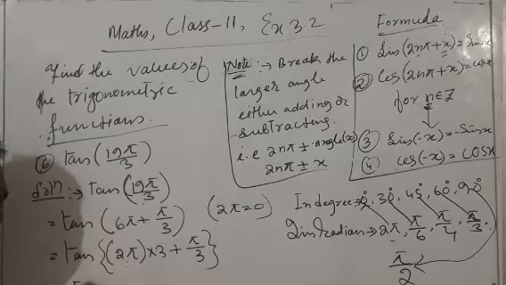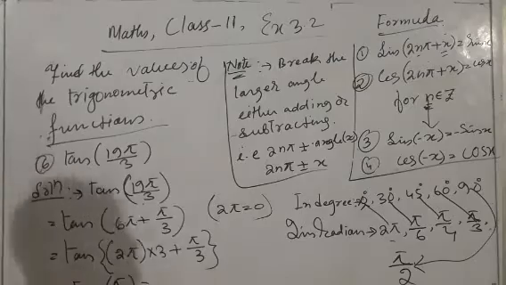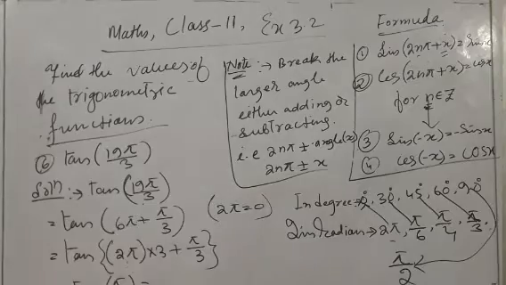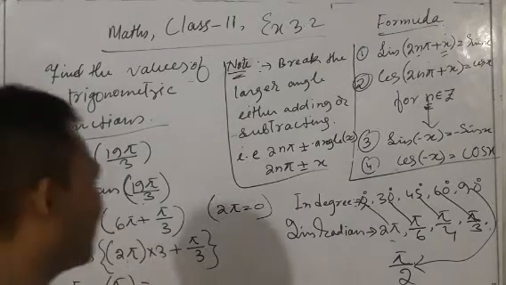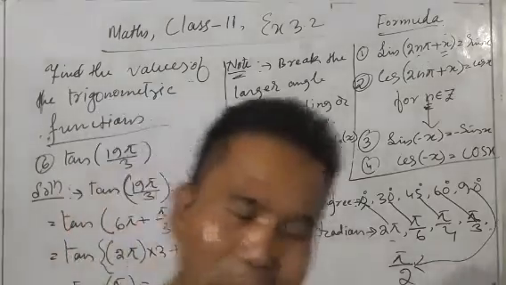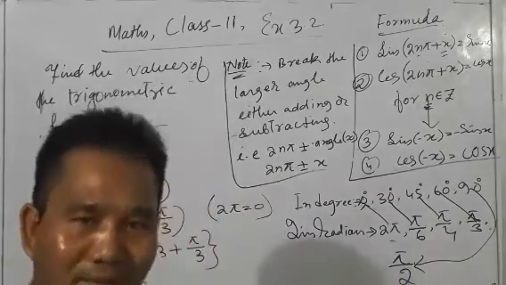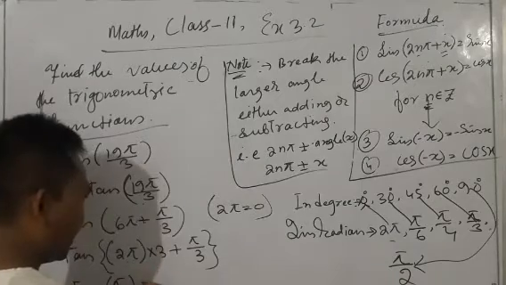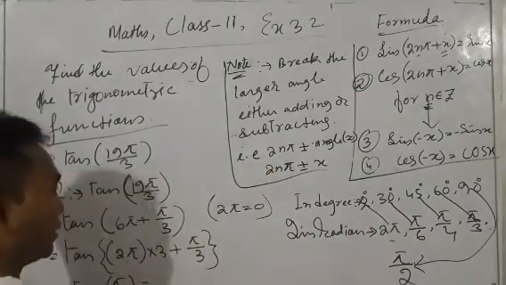That means what will tan of pi by 3 be equal to? Pi by 3 means what? I think it is 1 by root 3 or simply root 3. That is root 3. You have to memorize the values of trigonometric ratios. Sorry, it is pi by 3, not 30.